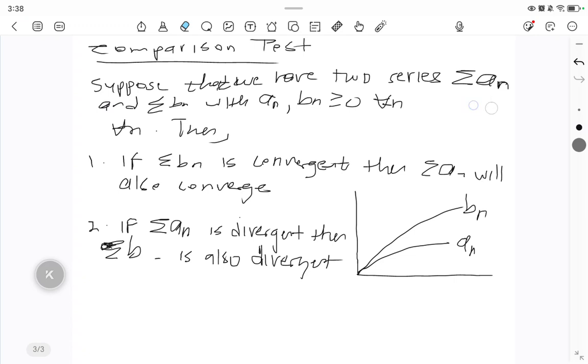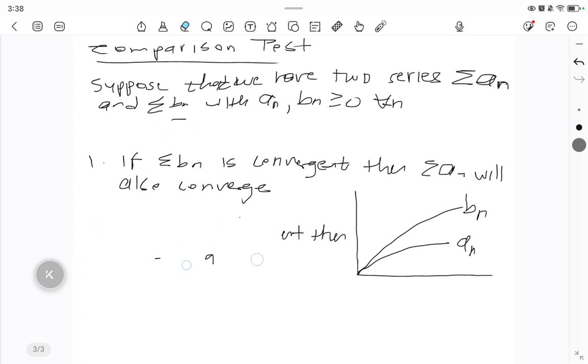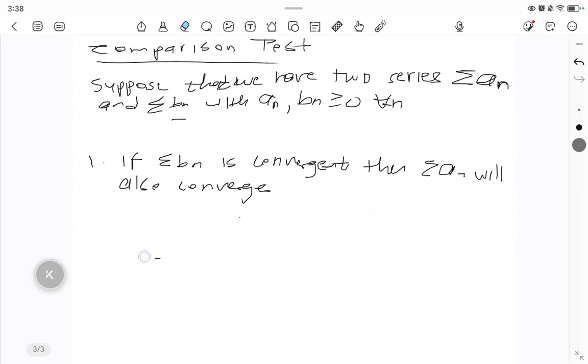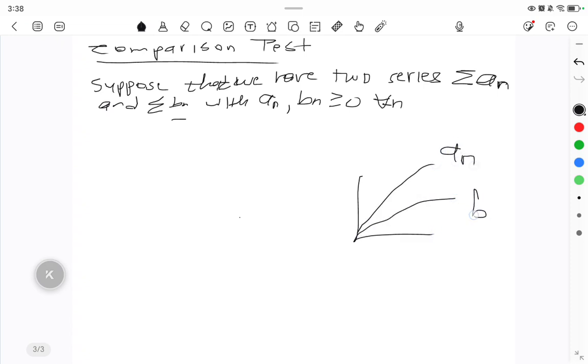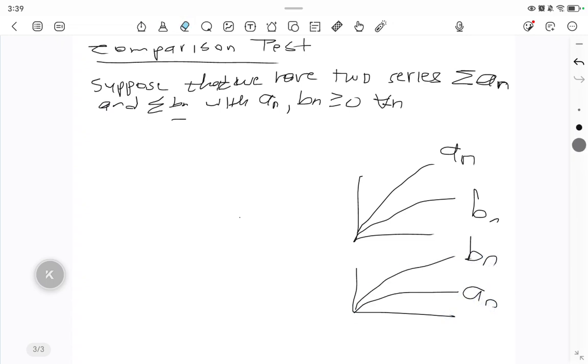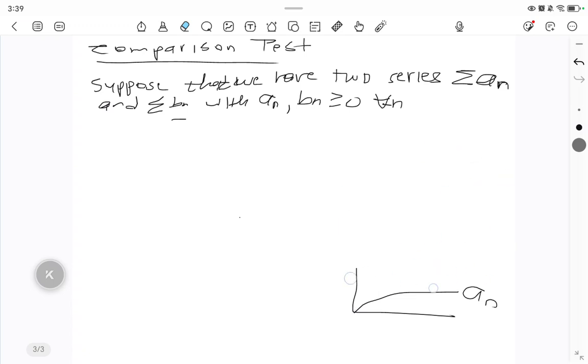If you want the previous information, you'll find it on the recording. If we want to break it into two, considering both, we can have two cases. We can have that an is bigger than bn. We can also have the case where bn is bigger than an, which is what we'll be dealing with. Though both are correct, we're going to have to go with one, and we'll decide which one we'll go with.